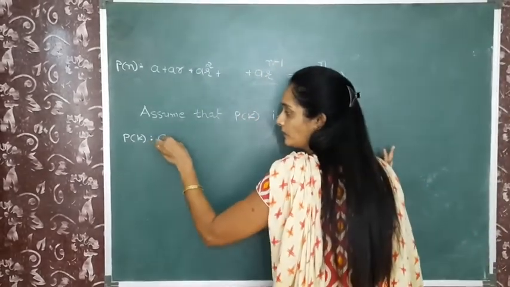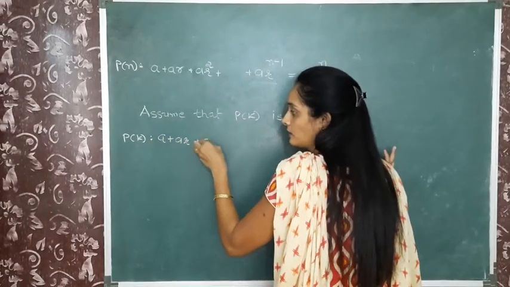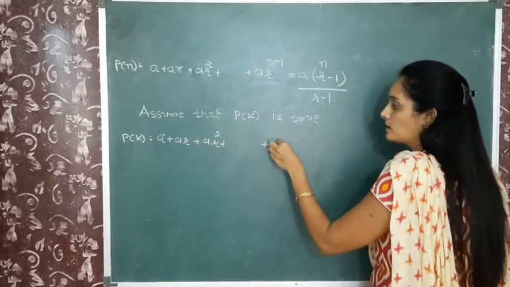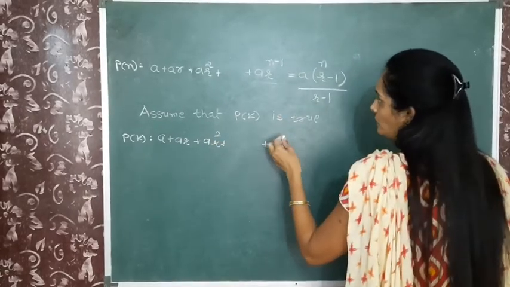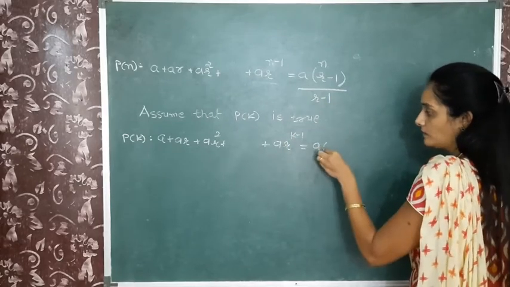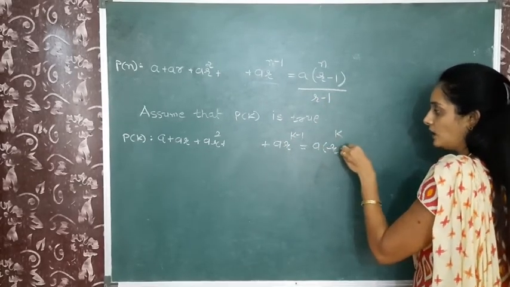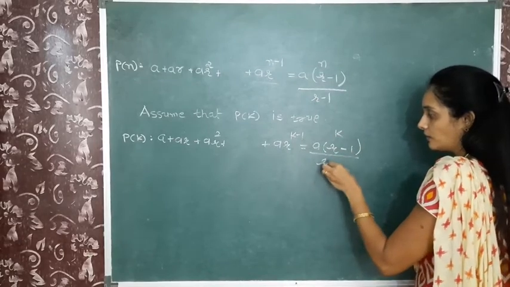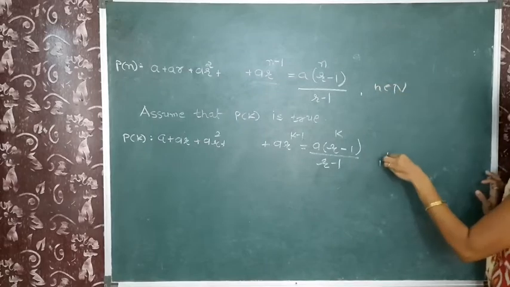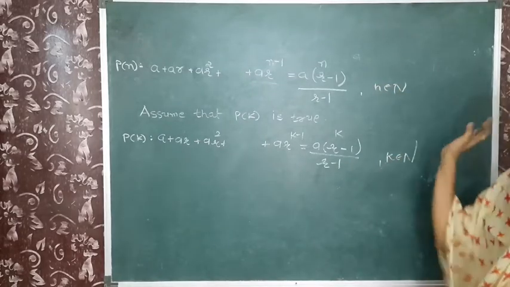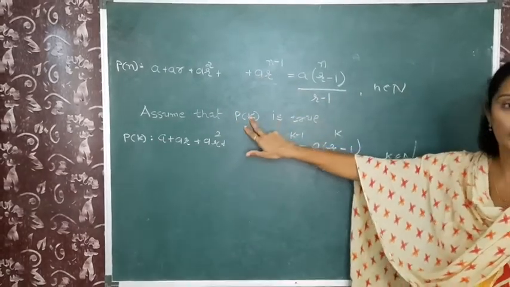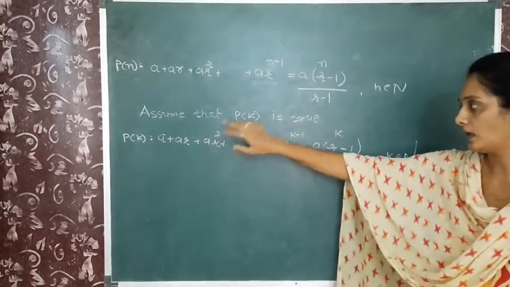So a plus ar plus ar square plus up to plus a r raised to k minus 1 is equal to a times r raised to k minus 1 upon r minus 1. Okay, we assume that the given statement is true for any natural number k.